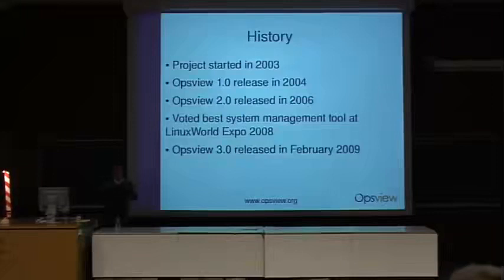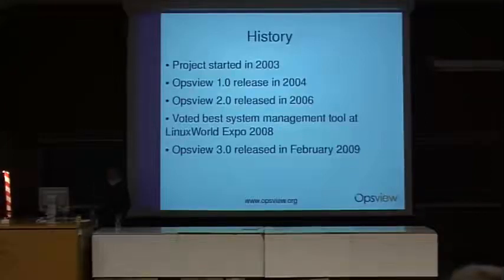It isn't just add-ons to Nagios, it's quite a large amount of code sitting around it now. Version 1 was released in 2004, and I was still heavily involved in the development then. Then Tom Voon joined in 2005, and his first release was 1.5. Tom is also the development lead for the Nagios plugins project, so he's heavily involved in Nagios through that, as well as Opsview.